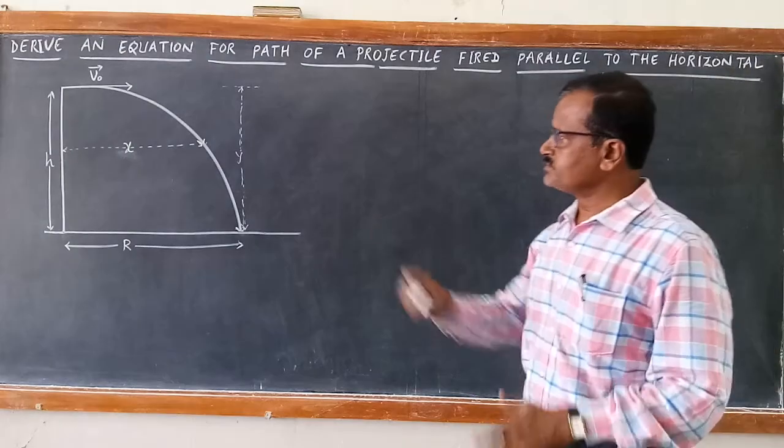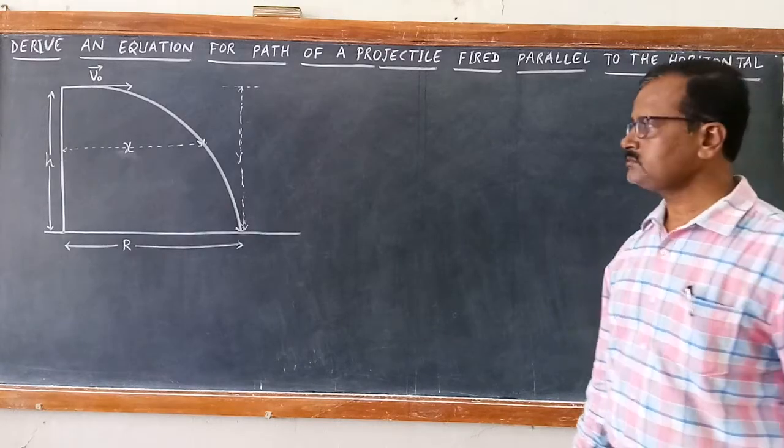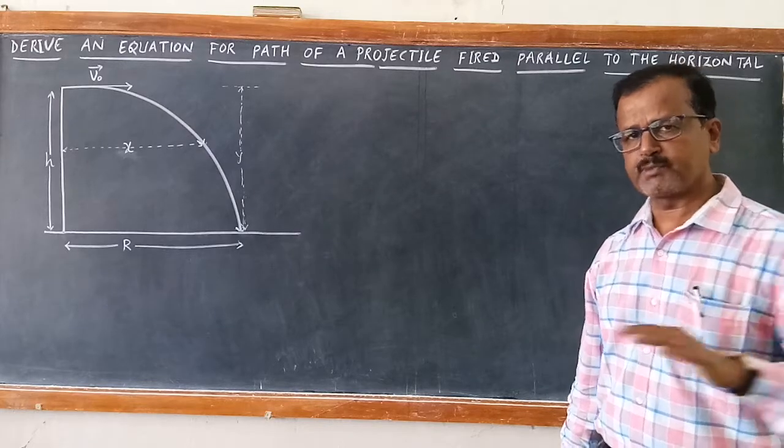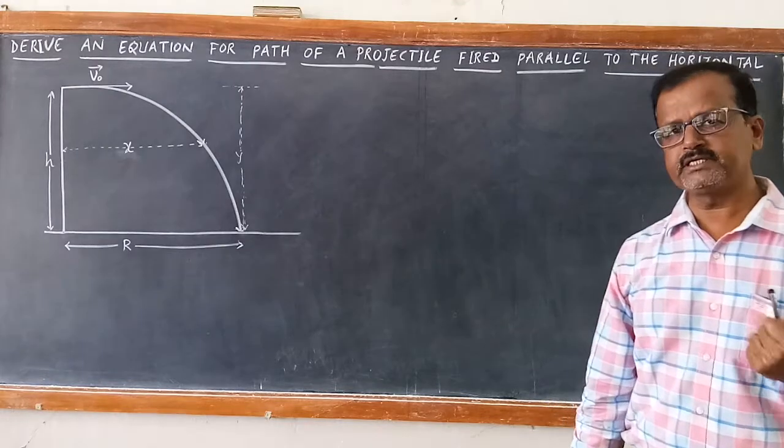Here if you see from the diagram, the angle of projection is 0. Angle of projection is the angle made by the projectile with respect to horizontal. So with respect to horizontal, angle of projection is 0.